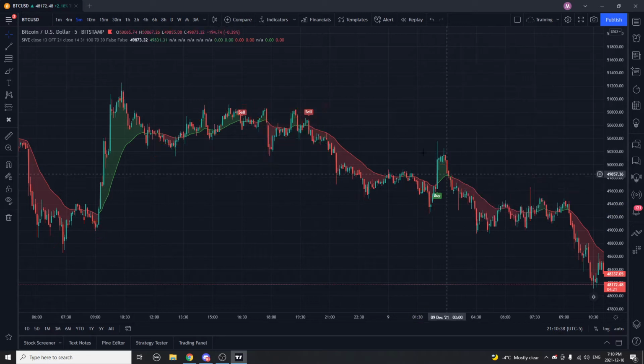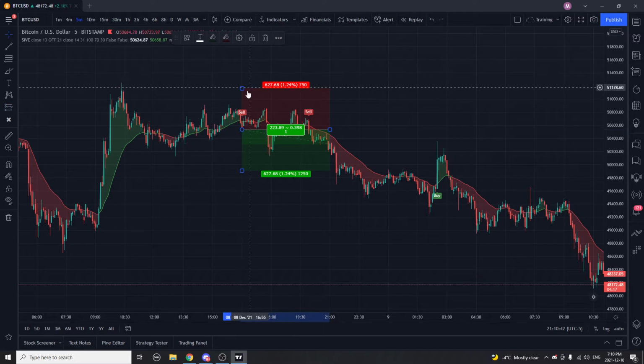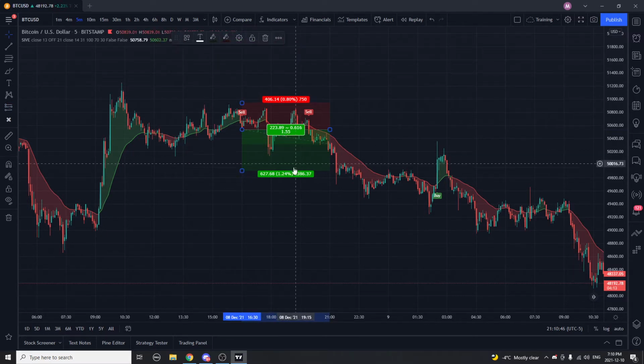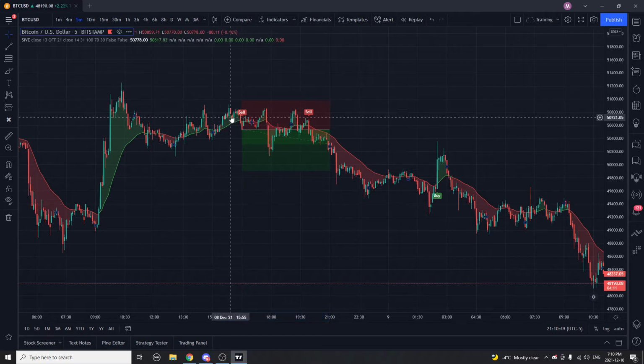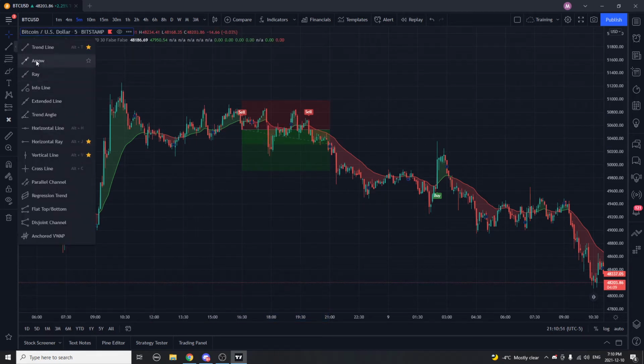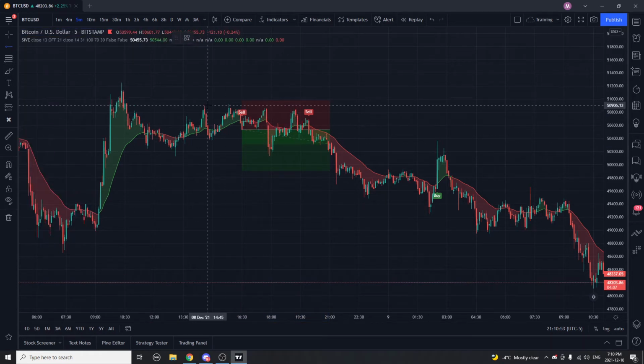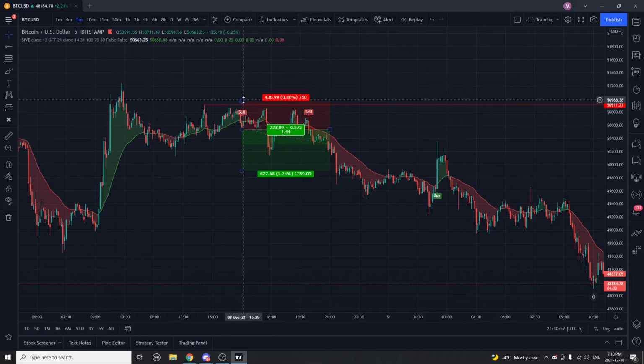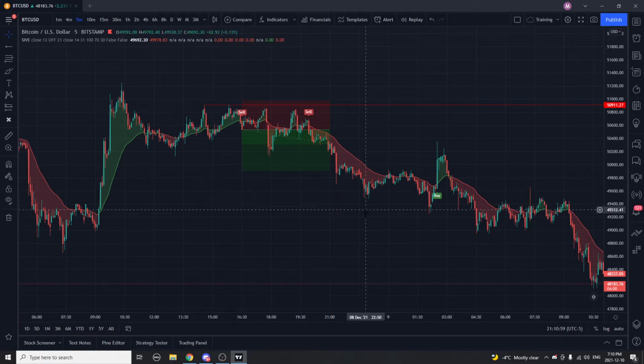So I'm just going to remove those. But what I like to do is enter on the close, and then I move my stop above the last swing high. So you can see here, this is your last swing high, and I'm just placing it right above that.